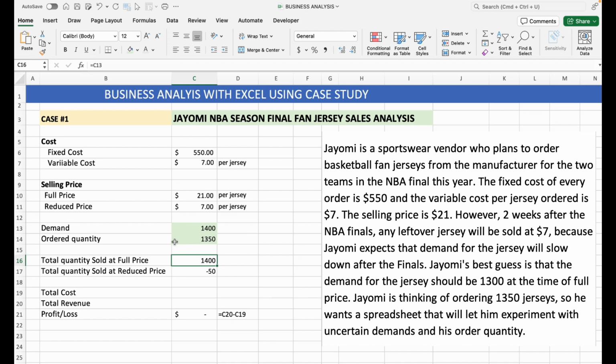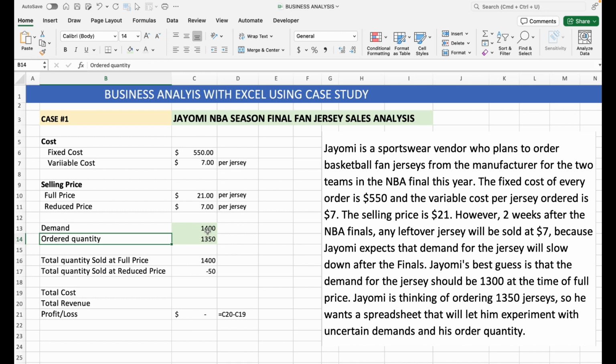If the demand is higher than the order quantity, it is going to sell only the order quantity. But if the demand is lower, it's going to sell the demand and it won't have anything to sell at the reduced price.